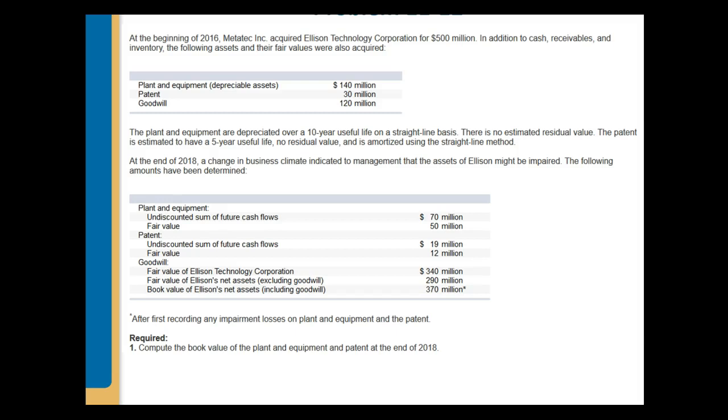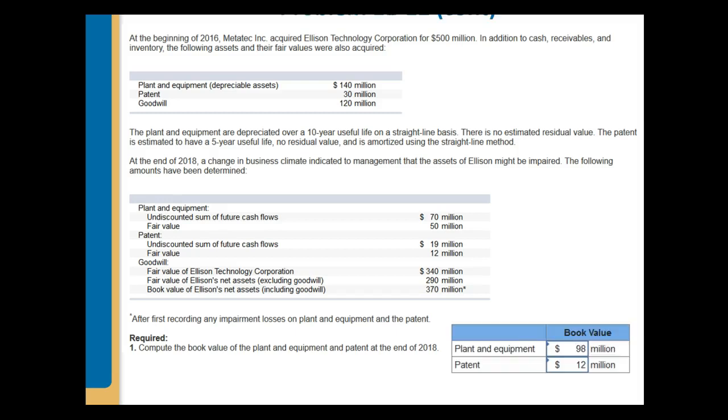So our job is to compute the book value of the plant, equipment, and patent at the end of 2018. So our plant and equipment would be a book value of 98.